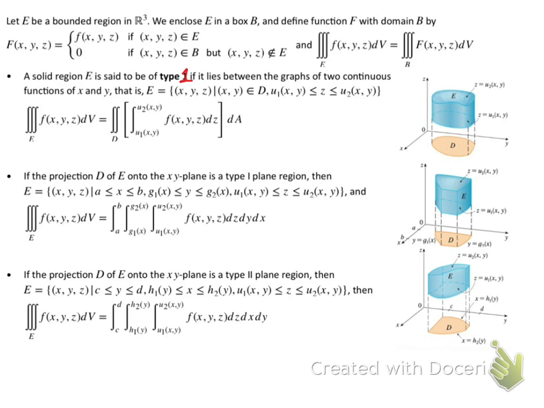For every x and y, you can express z. If that is the case, so this is z, you go upward, and this is xy. The lowest z is u1, whatever in terms of xy, and the highest z is u2. If you are able to do that, then pretty much you get rid of the z dimension.